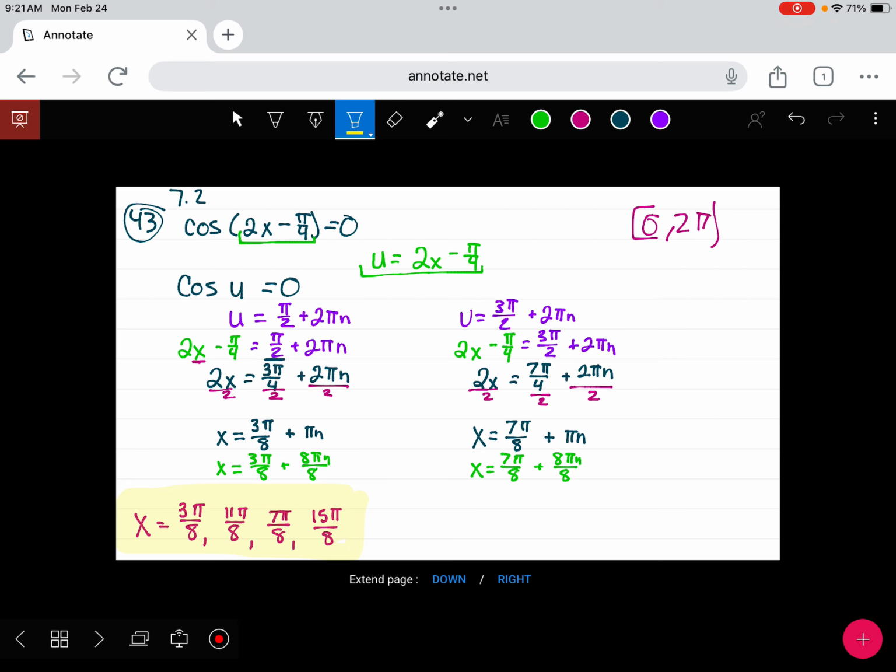Because our quiz is tomorrow for 7-2, which is all of our solving stuff. That's what 7-2 is, the solving. No verifying anymore. Well, verifying will still come back into play every now and then, but 7-2 was the section on solving. The quiz is on 7-2, so it's all the solving stuff.